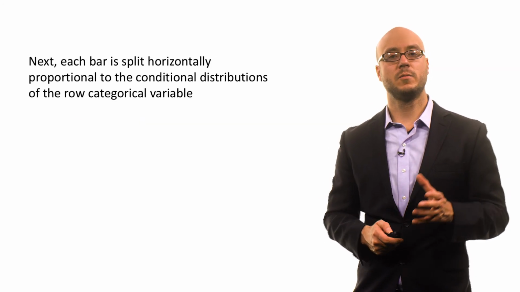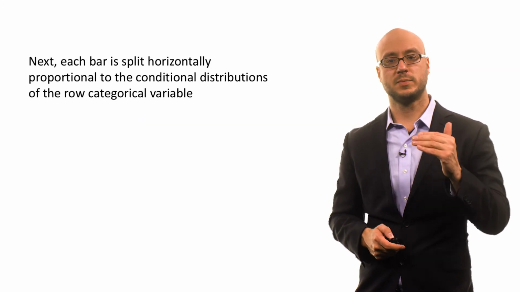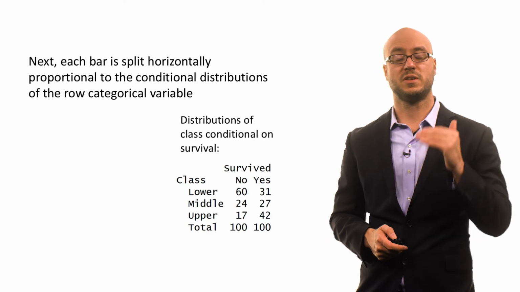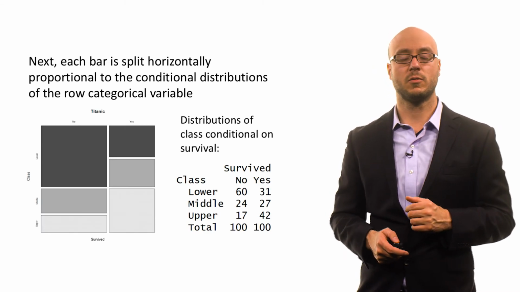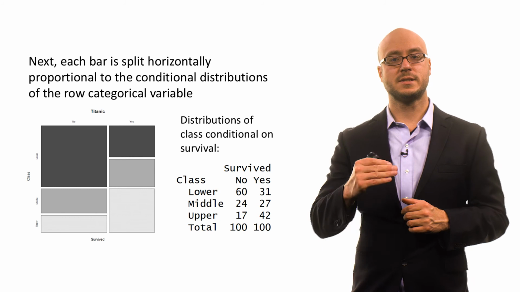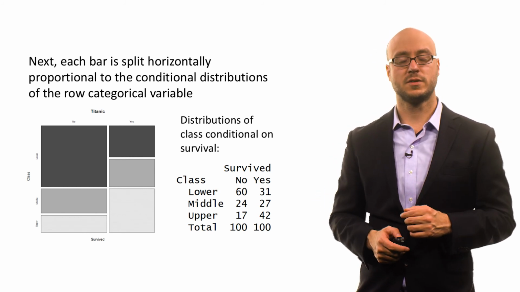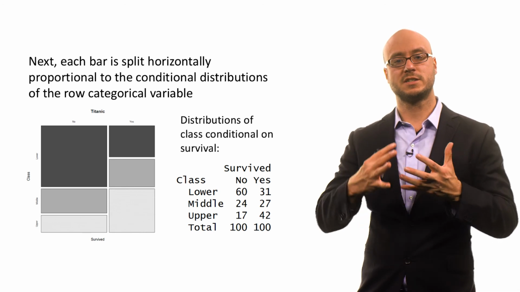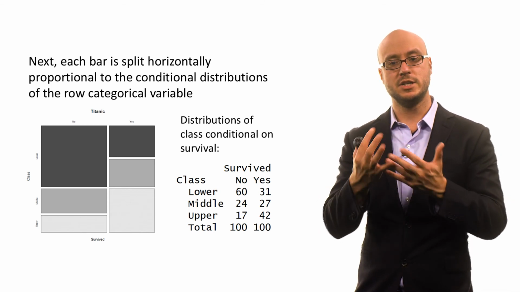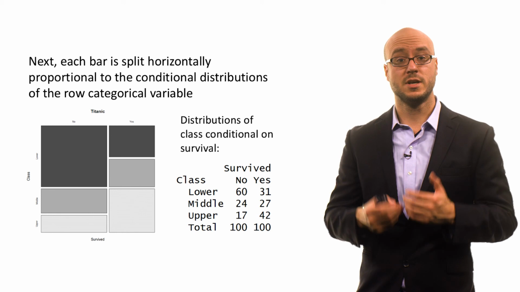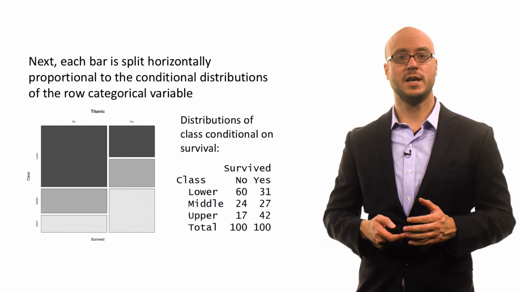Then we split each bar horizontally proportional to the conditional distributions of the row categorical variable. So this will tell us the distributions of class conditional on survival. This way we can express the conditional distributions of a contingency table using a mosaic plot. And with that, we conclude this part in which we talk about categorical data analysis in the context of descriptive statistics.